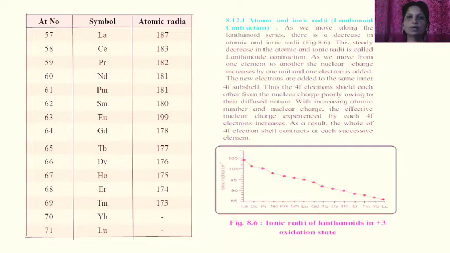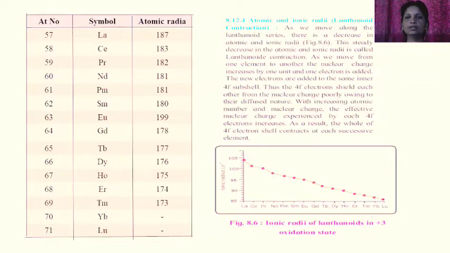As we move from one element to another, the nuclear charge increases by 1 unit and 1 electron is added. The new electron is added to the same inner 4f subshell. Thus the 4f electrons shield each other from the nuclear charge poorly owing to their diffused nature.